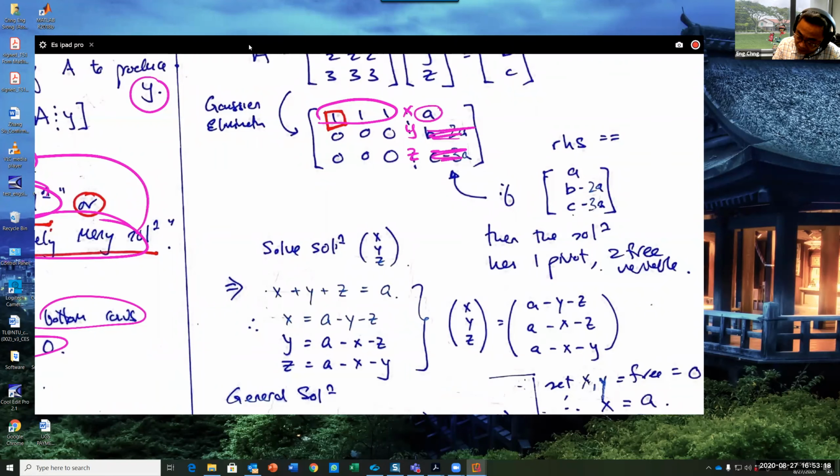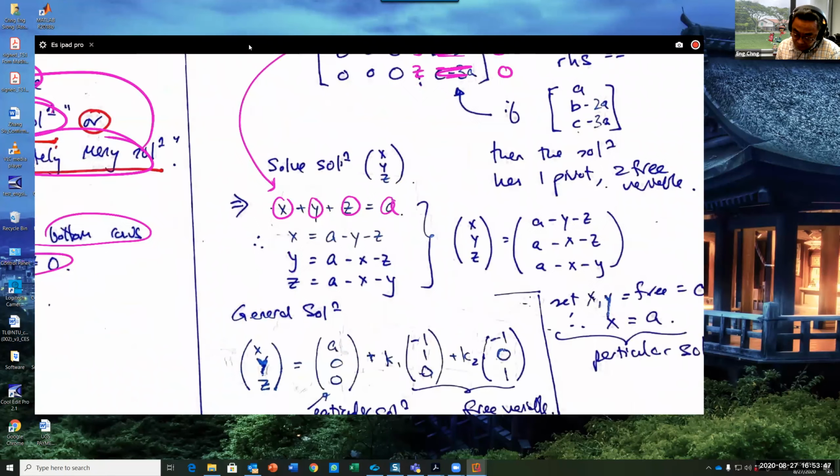Here, let's ignore this and assume it's 0. So we can write it like this: 1 multiplied by x, 1 multiplied by y, 1 multiplied by z is equal to a. That's all we are given. There's only one equation, because the other two equations are useless. They are just multiples of the first equation, and that's why we got rid of them in Gaussian elimination.